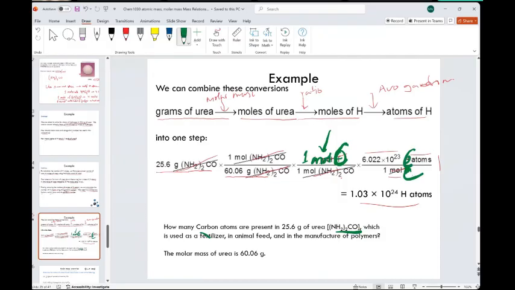If you want to find it for nitrogen, then what? Here you will be writing 2 moles of N. So this is the way I would learn this type of problem, right?